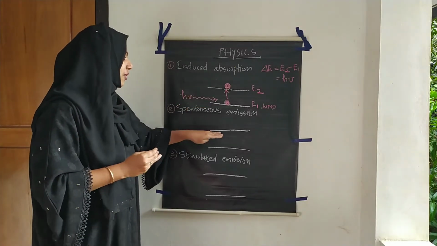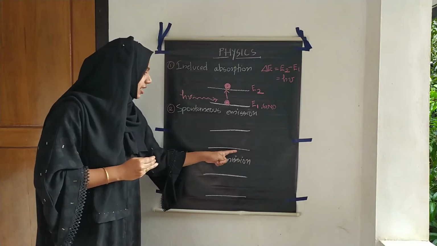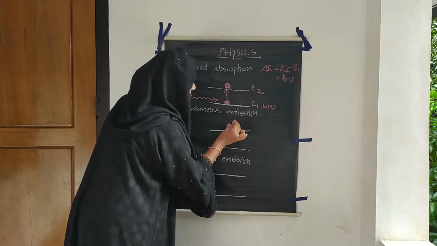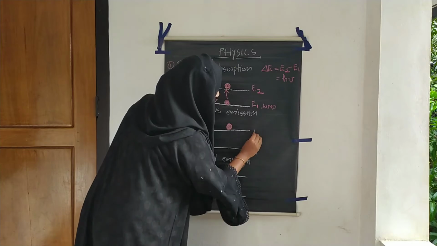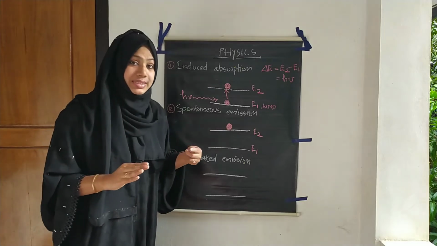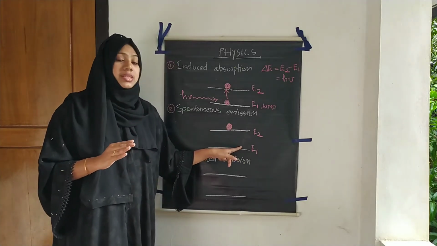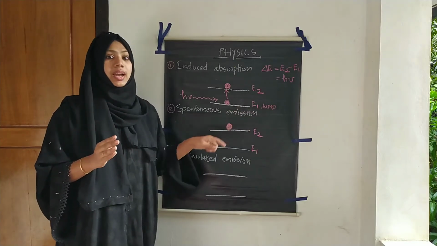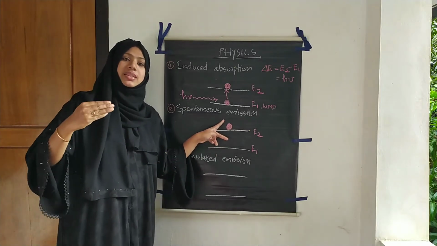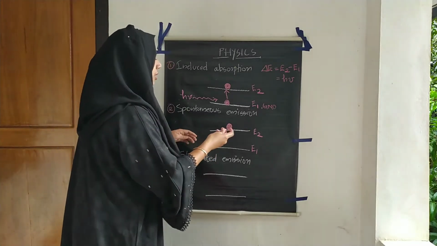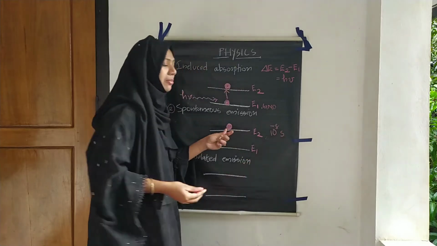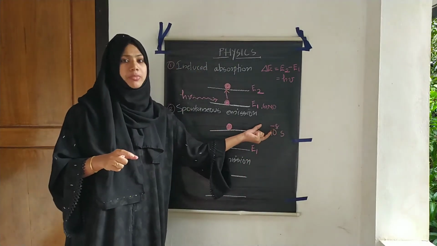Spontaneous emission means we have excited the ground level atom to its excited level. Now the atom is in its higher energy state E2. As I already said in the beginning, the energy level E1 is known as the ground state, and it is the most equilibrium state for an atom. That means the higher energy levels are non-equilibrium states. The higher energy level has a very short lifetime of 10 raised to minus 8 seconds.